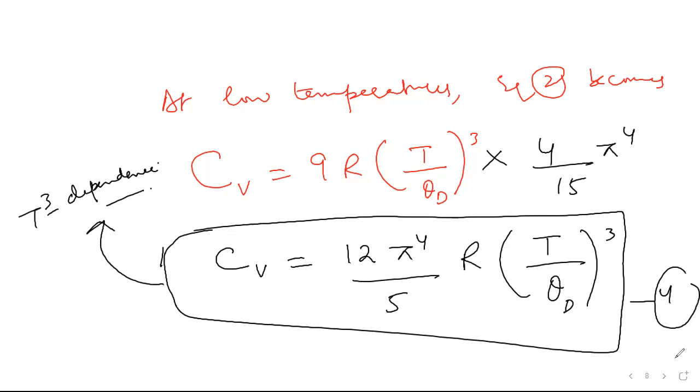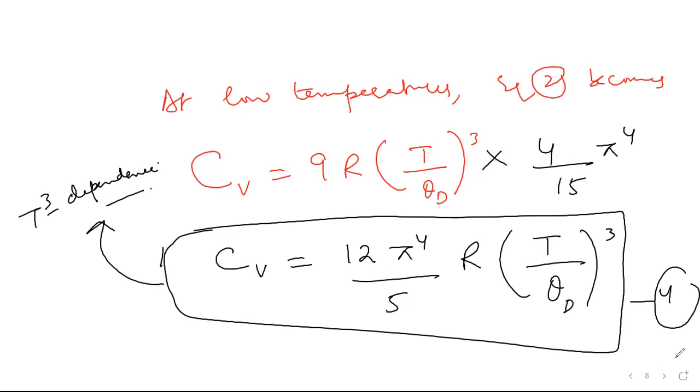Now, the Debye model predicts T cube dependence at low temperatures, so that is its success. But the Debye model also remains only an approximation. Now, why so? As we pointed out in the previous lectures, the nature of approximation lies in assuming the continuum dispersion relation to hold true for all possible modes of excitation.